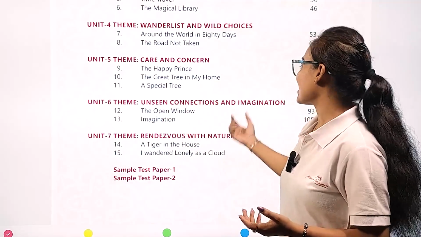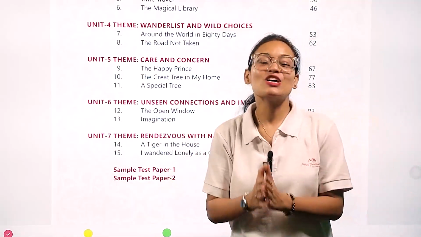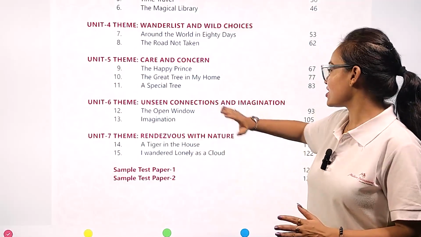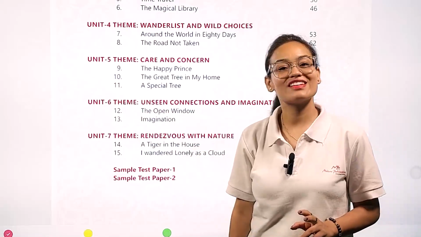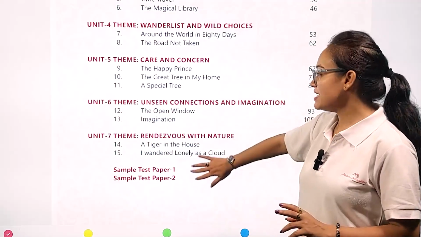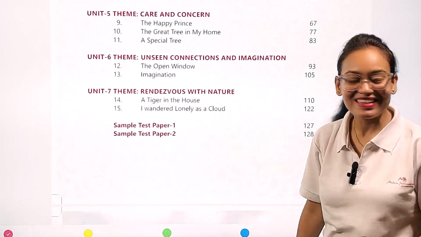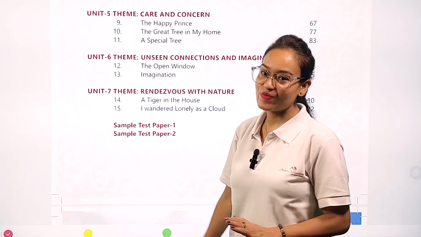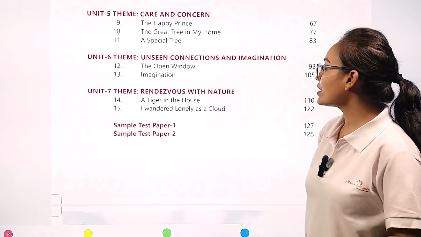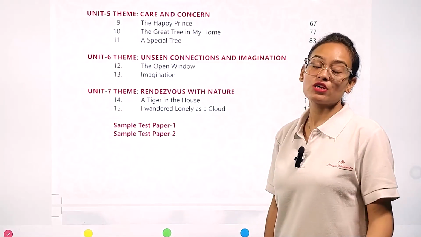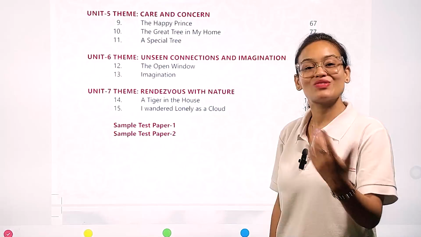Unseen connections and imaginations. On these two topics, our unit number 6 is based. Now, last but not the least, our unit number 7 is based on the theme of rendezvous with nature. Here we are going to see the connection of human beings with nature.